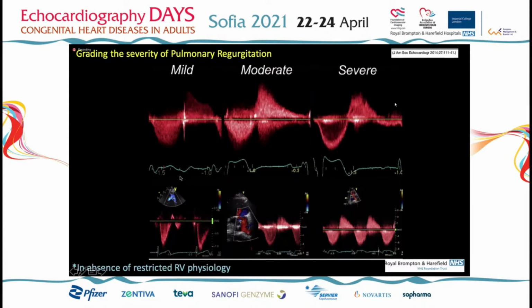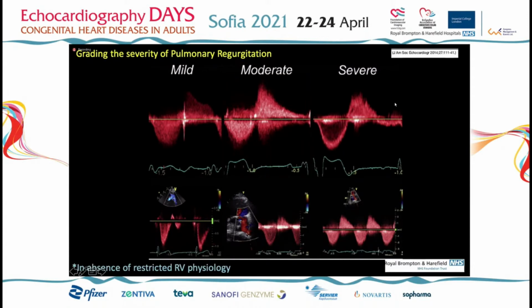So mild regurgitation usually is brief and has a small jet, not filling most of the RVOT. In Doppler, it has low velocity and lasts throughout the whole diastole. And then if we do a Doppler in the pulmonary arteries, we see no retrograde diastolic flow. Then moderate regurgitation usually can have a steeper deceleration, but it tends to last throughout the whole diastole.